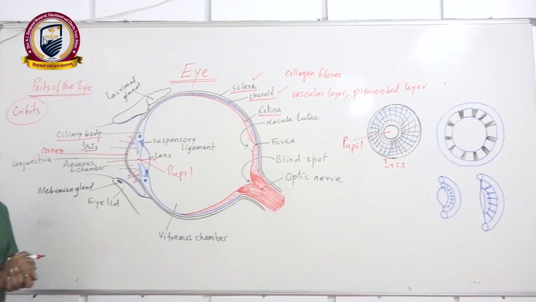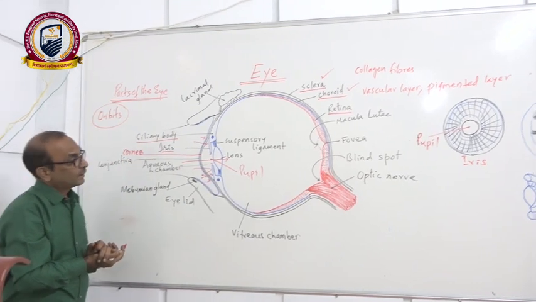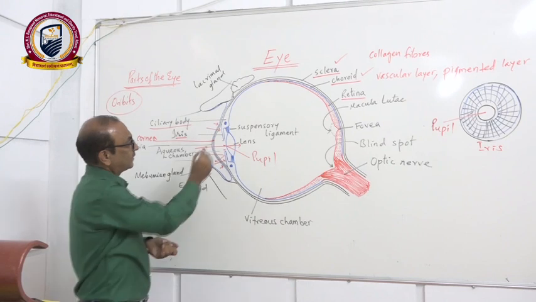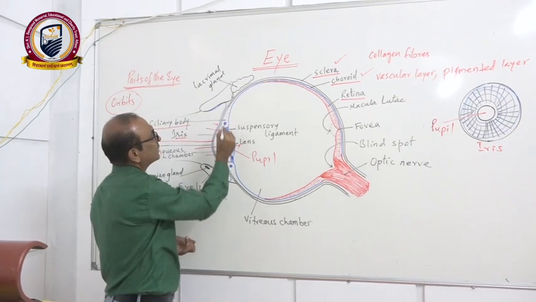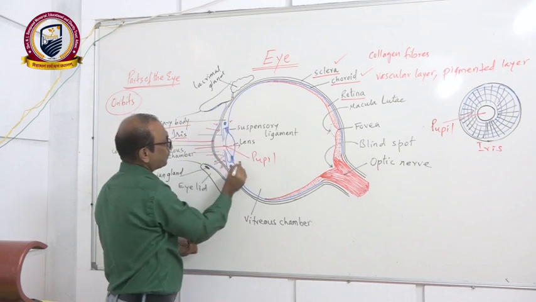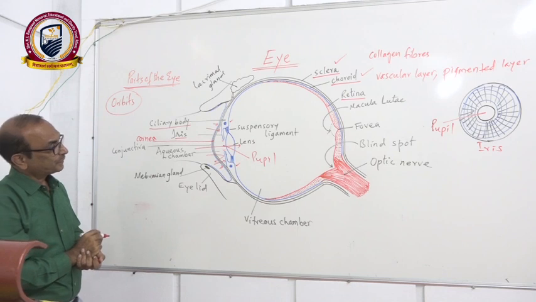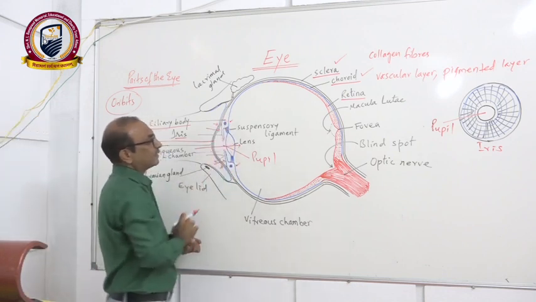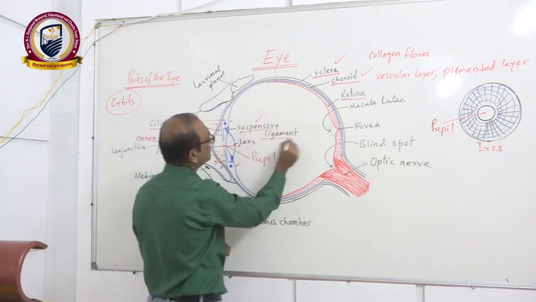Now let's first understand the structure of the eye. So we have seen the iris, the pupil, and then this is the ciliary body. The ciliary body performs an important function. It allows the connection of the lens with it by the help of suspensory ligaments.